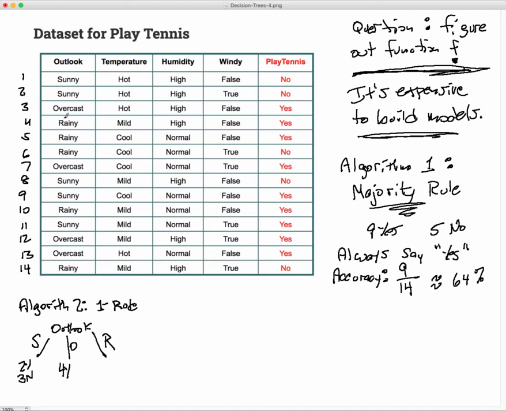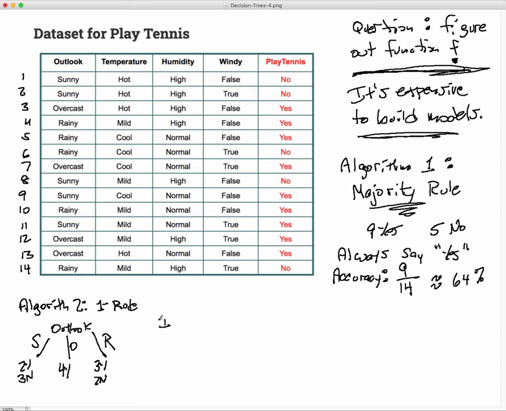And I look at rainy, and that gives me 1 yes, 2 yeses, 1 no, so that's 2 to 1. And I come down here, and that is 3 to 1, and this is 3 to 2. So that gives me 3 yeses and 2 no's.